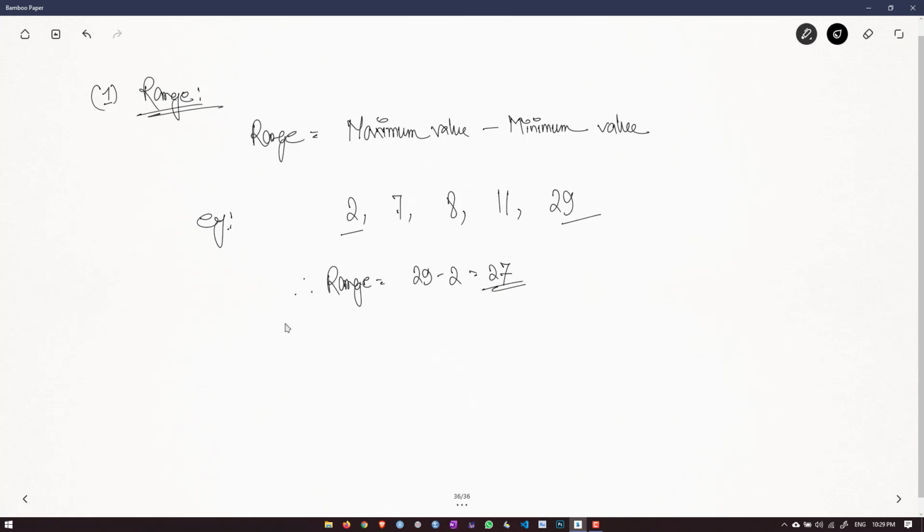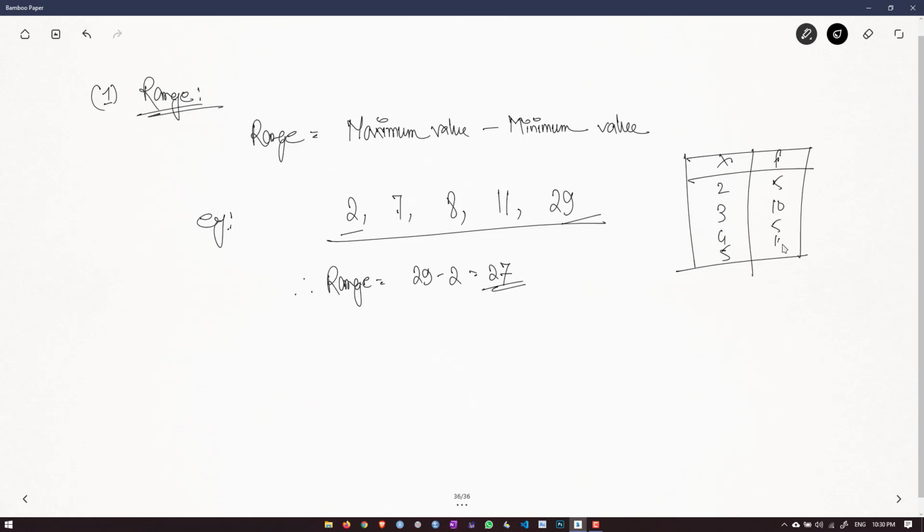The first one is range, right? Now this is for simple, ungrouped numbers. In case of grouped numbers, suppose you have a table where x is 2, 3, 4, 5 and the frequencies are 5, 10, 5, 10.